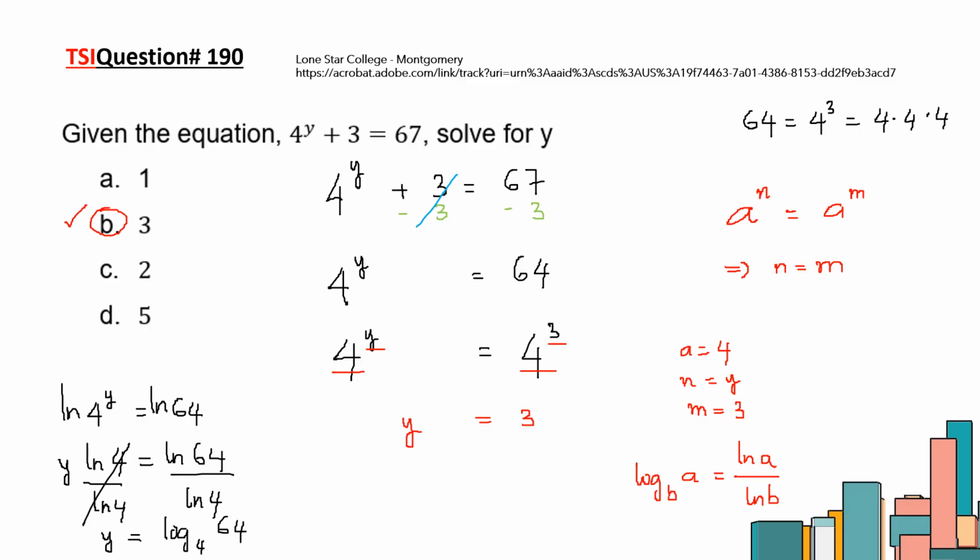So for 64, we have log base 4 of 64 equals x, so 4 to the power of x equals 64, and we know 64 is 4 cubed, so x equals 3.